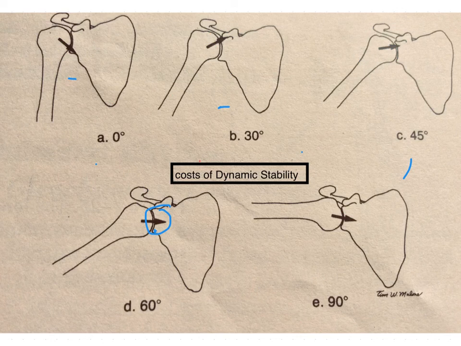Then only the head of the humerus will rotate in a relatively fixed center of rotation, otherwise at the cost of compressing the supraspinatus tendon and the subacromial bursa in the subacromial space. So this is called the cause of dynamic stability.